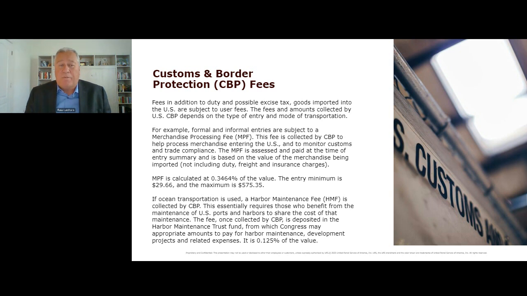So until October 2023, the entry minimum on formal is 29.66, and the maximum is 575.35. So you're going to pay that regardless if you're bringing in high value stuff, and you calculated it times 0.3464, and it was over the 575.35, that is your max. That's the most you'd pay in merchandise processing fee.